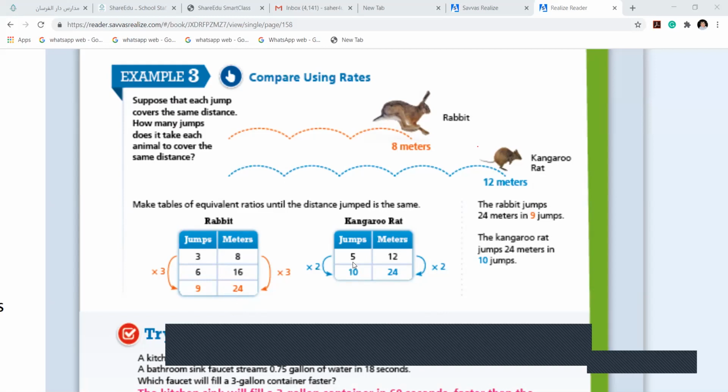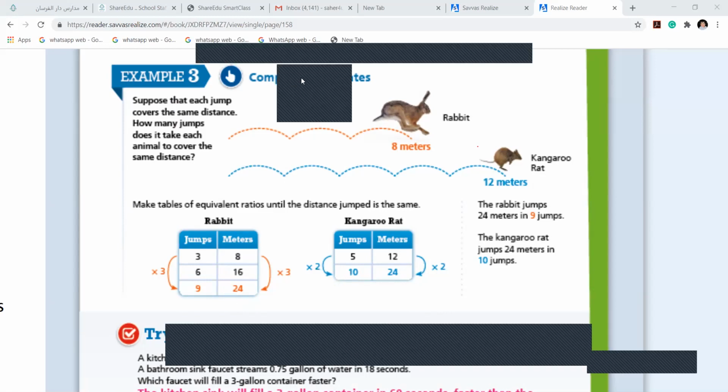Example, if I make one more box here, 5 times 2 is 10, next what will it be? 10 times 2. Again, that number times 2.